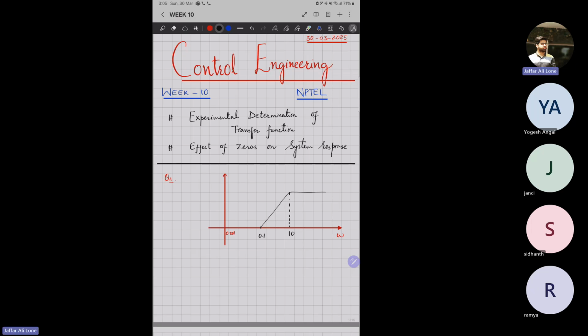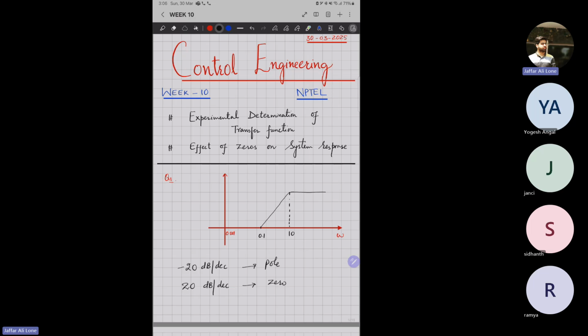Right, so first, let's revise. If your transfer function contains a pole or a zero, a pole contributes to a slope of minus 20 dB per decade, and a zero contributes to a slope of 20 dB per decade.